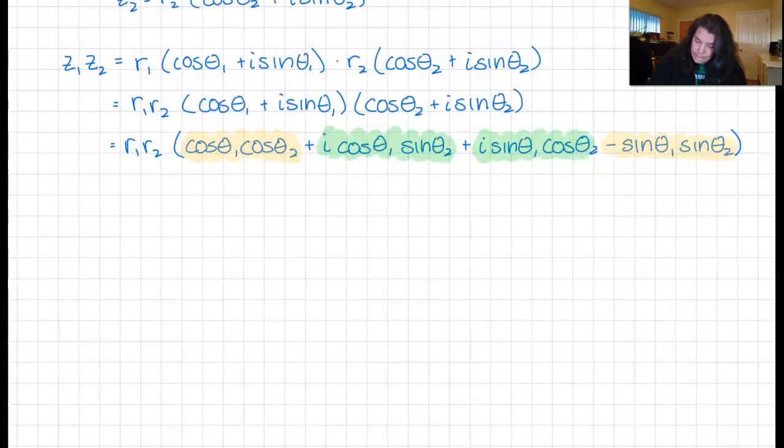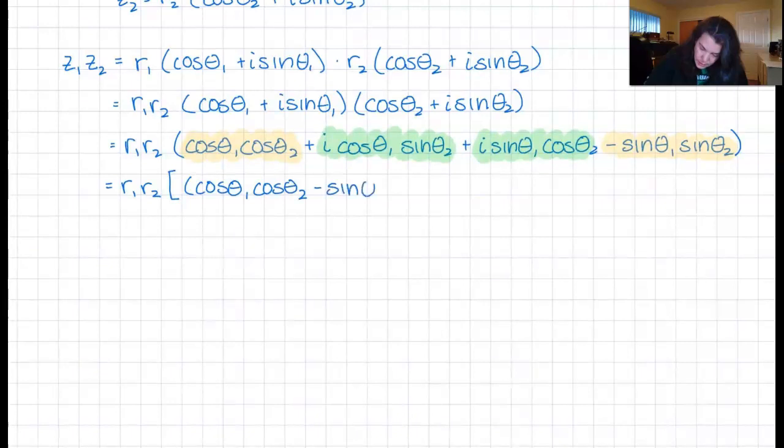So I still have the r1, r2, but now I'm going to group the yellow part together. So I have cosine theta 1 cosine theta 2 minus sine theta 1 sine theta 2. So that's all from the yellow terms above.